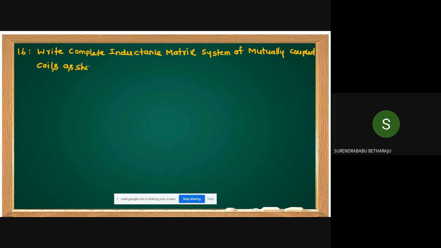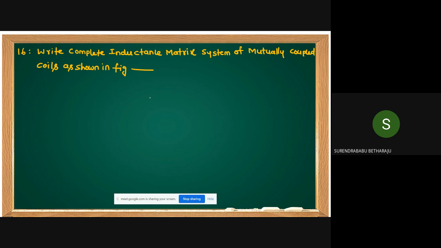Write the complete inductance matrix of the system of mutually coupled coils as shown in the figure.